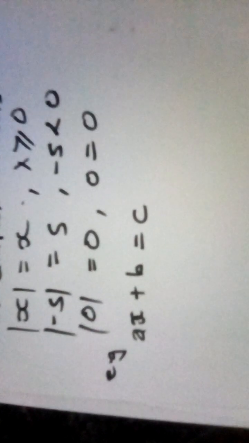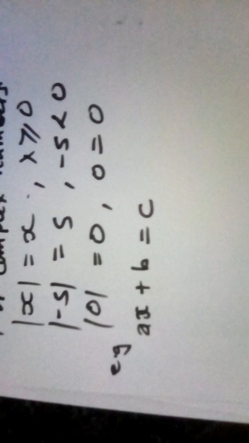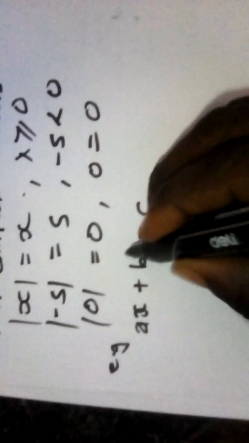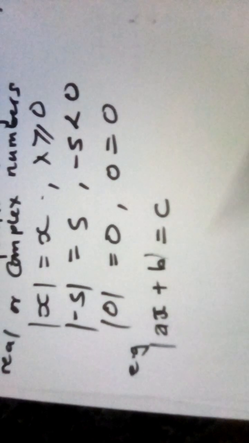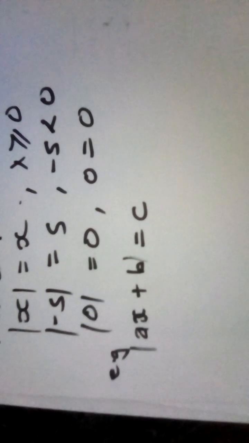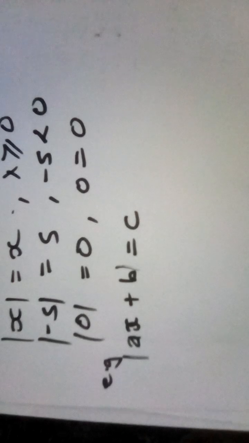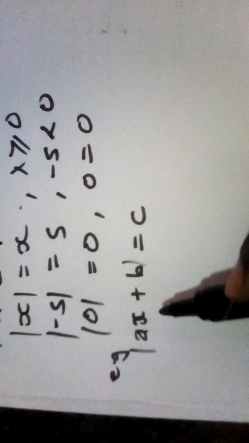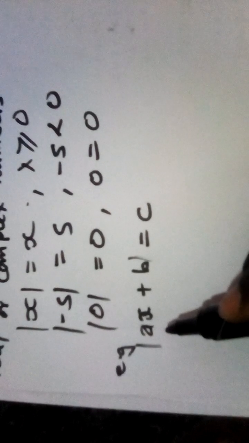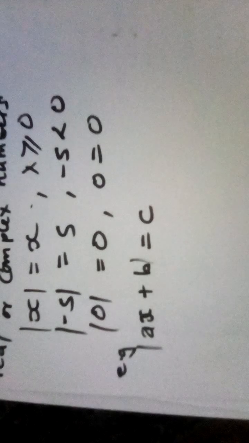Now here's the thing. Whenever you are given an absolute value equation, there are three possible cases for its solutions. If this is our equation, we have to bear in mind that it has possible solutions. What do we mean? This is what we mean.